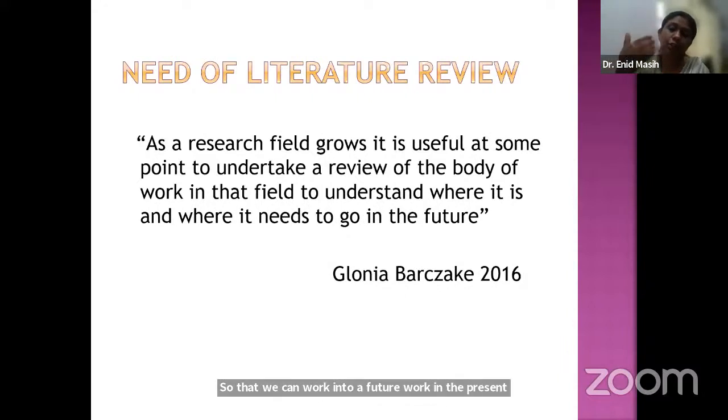But if we look at this definition given by Aglonia in 2016, it clearly says that a literature review is not only important for us to work in the present, but also to look into the future.